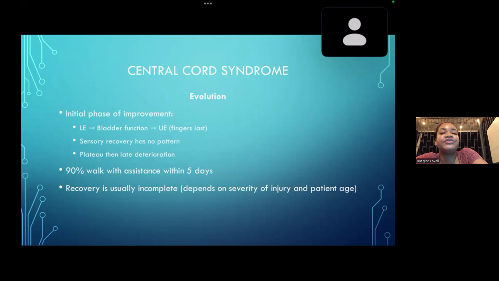Sensory recovery has no pattern at all, and there may be a plateau phase following this, followed by late deterioration. Fortunately, 90% of those patients with central cord syndrome may walk with assistance in 5 days. However, recovery is usually incomplete, and it depends on the severity of the injury as well as the patient's age.